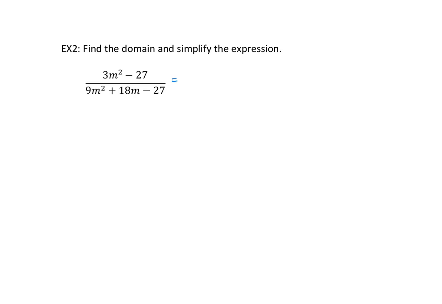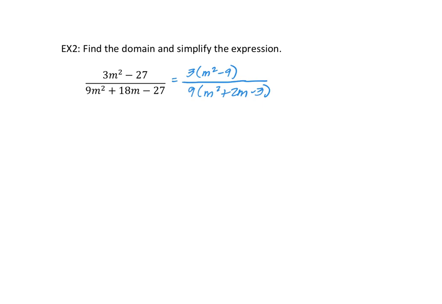So in the numerator, I can factor out a 3 to get m squared minus 9 in parentheses. Now remember, whenever you factor something out, what remains is in parentheses. In the denominator, I can factor out a 9, and then I'll have m squared plus 2m minus 3.